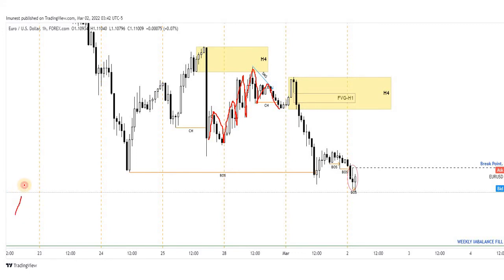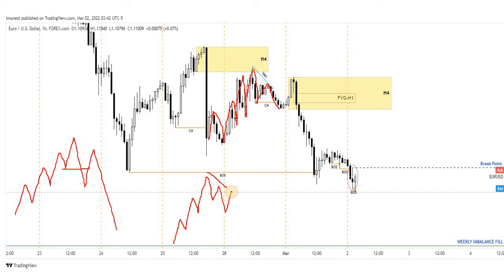I would have loved to see something like this, and price doing this. Then I'll look for opportunity to take the price down. But what price did was just like this. We have a shift in market structure, and of course it's equally good.